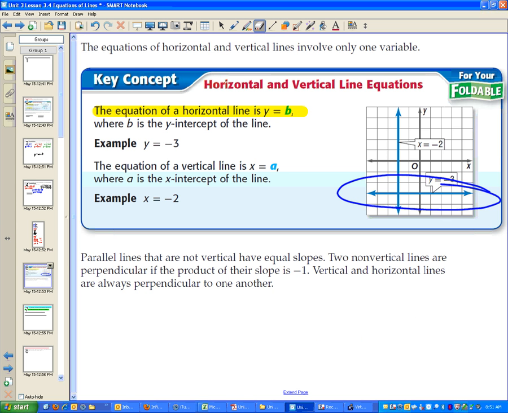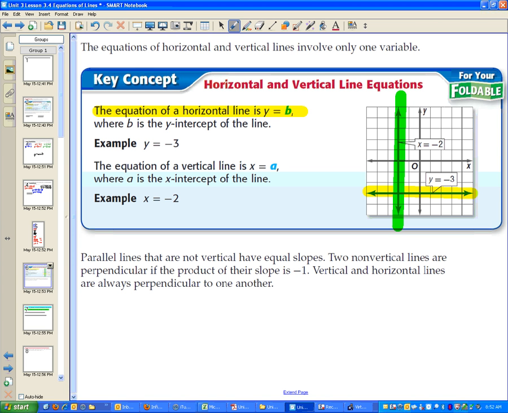Now, a vertical line works in a similar fashion in that it's just something equals something, but there's no y at all in a vertical line equation. All right? With a horizontal line, it was y equals the y-intercept. With a vertical line, it's x equals the x-intercept.